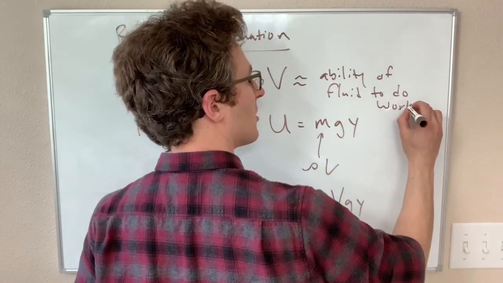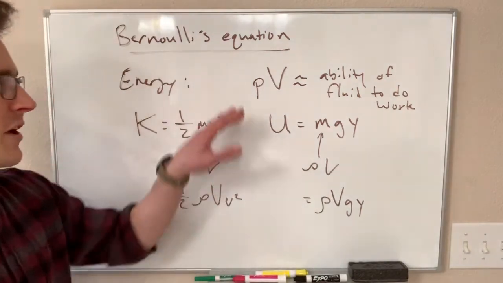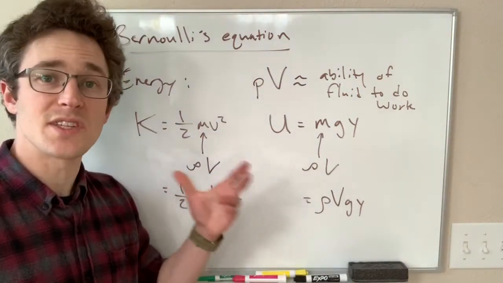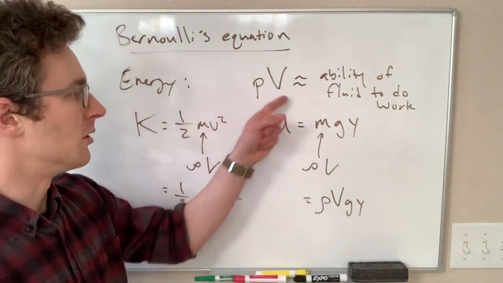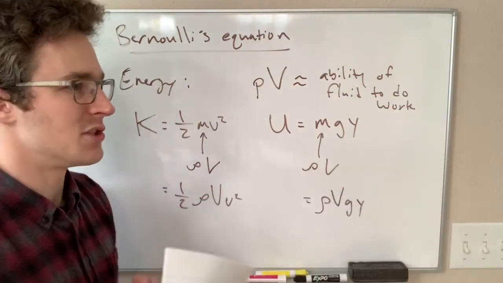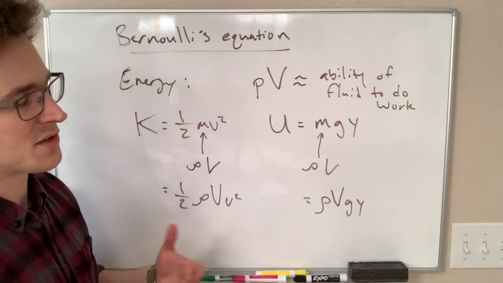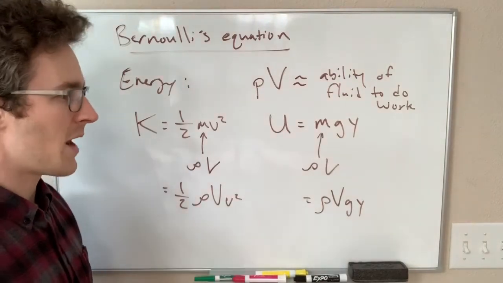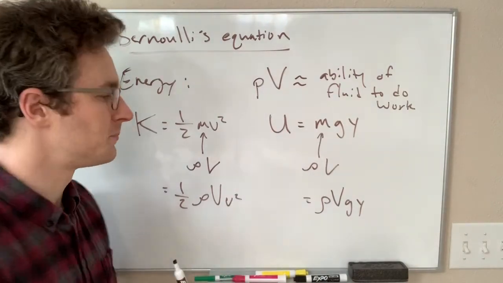So this is like some other kind of energy a fluid can have. If it's at some pressure, it could hypothetically push on some object and do some work on it, and that would cost it some energy, but that energy is there somehow.